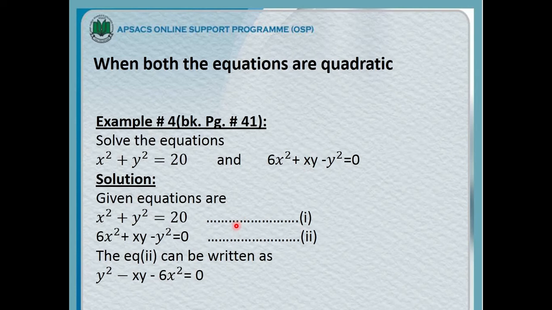So equation number 1 and 2 are the given equations. Equation number 2 can be written as this. Why have I written equation number 2 in this way? I have written this equation as a quadratic equation in terms of y, in which the coefficient of y square is 1, the coefficient of y is minus x, and the constant term is minus 6x square. Here x is treated as a constant number.